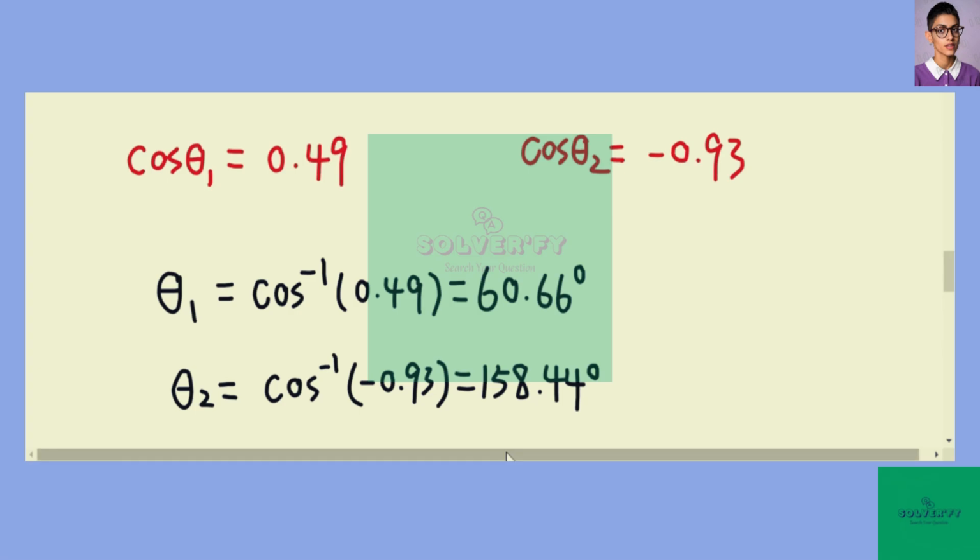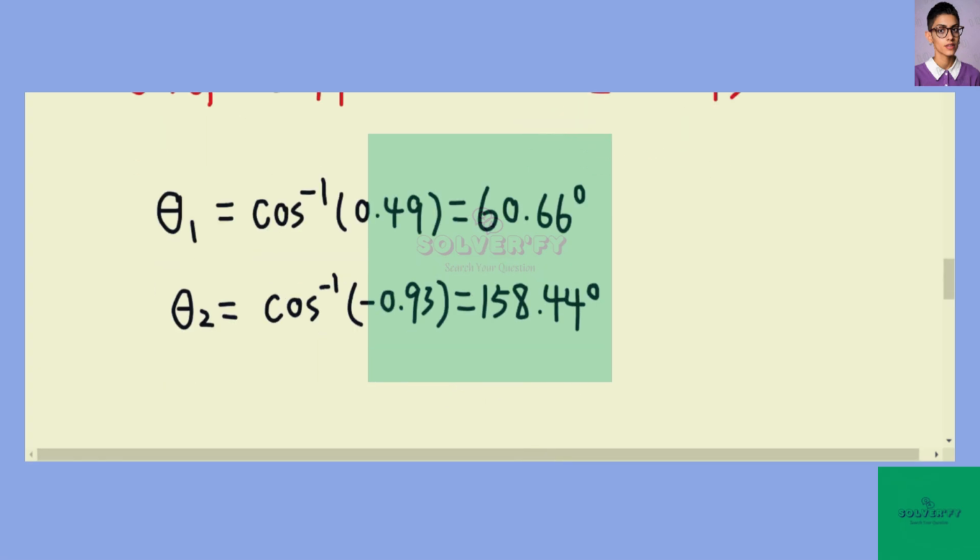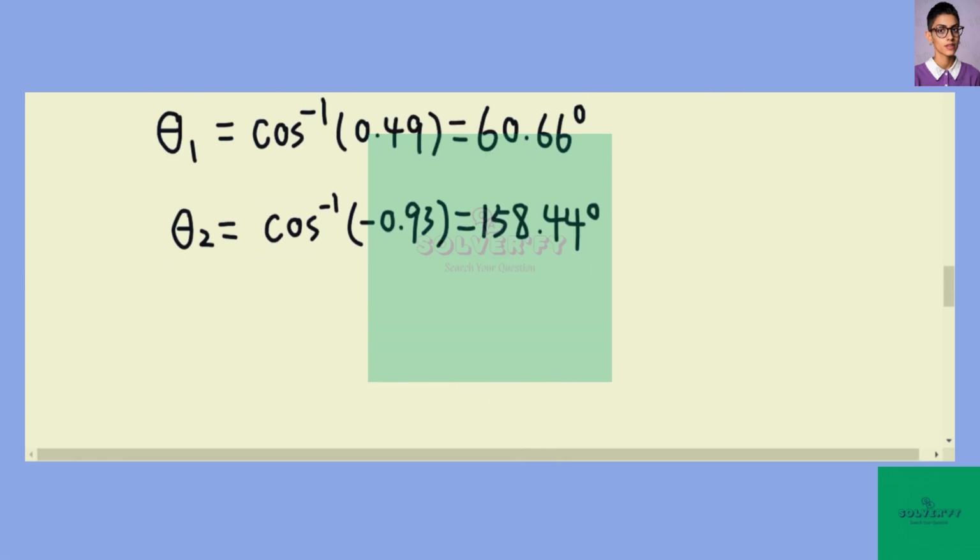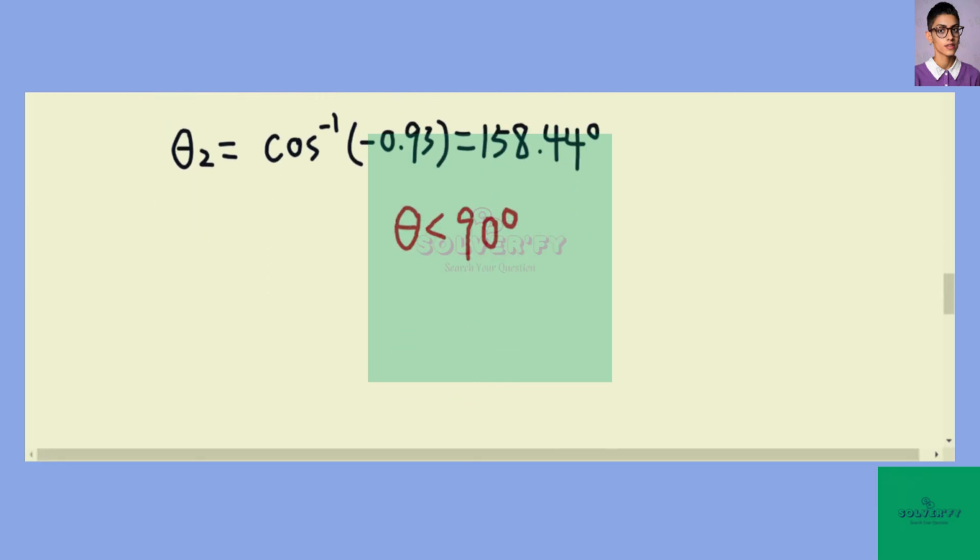But if you take a look at the graph from the book, from the question, you can tell that the angle theta is less than 90 degrees, which means that the only plausible solution from these two is theta 1, because theta 1 is less than 90 degrees.